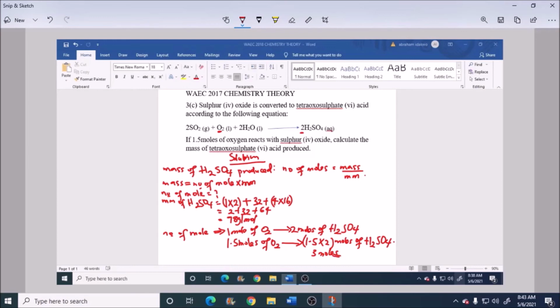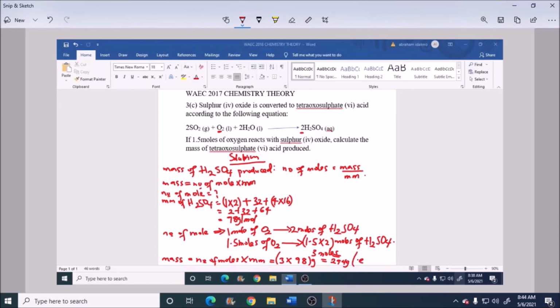Then from the formula above, mass is equal to number of moles multiplied by molar mass. We have calculated the number of moles to be 3, and the molar mass to be 98 grams per mole. So when we multiply 3 by 98, we have 294 grams.